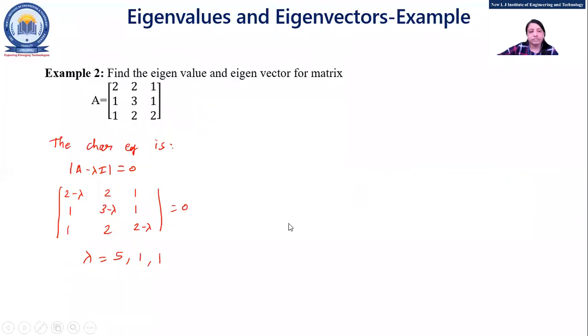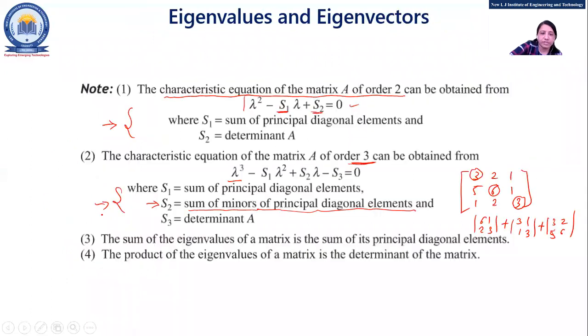So this is the thing. This is a 3 by 3 matrix: 2 2 1, 1 3 1, 1 2 2. Now the characteristic equation is A minus lambda I. I have written it directly. Now I will be getting this. Take a screenshot of this one and solve this equation using which method?